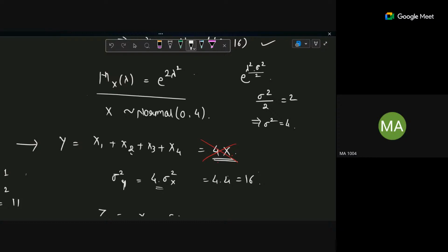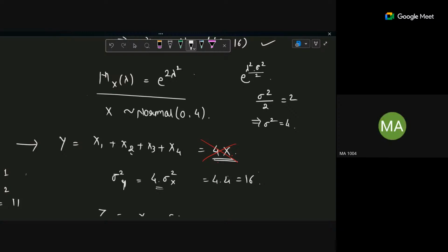But just understand where to use CLT. We use CLT to approximate a distribution from some given instances or observations. But what we have been asked here is the distribution of y. To find the distribution of y, this will not work, right?